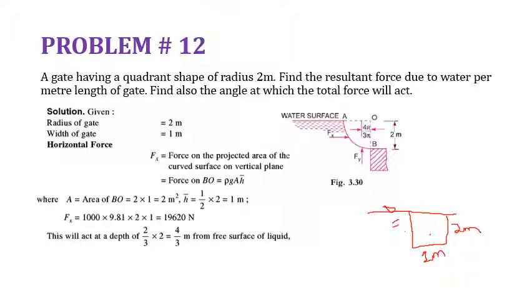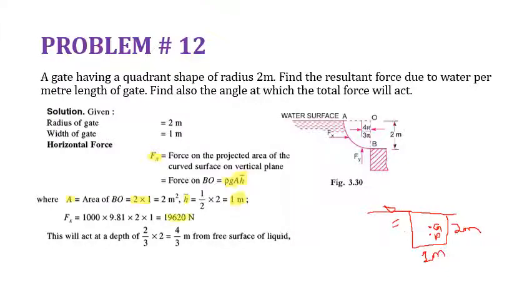And this is G point, and G will be 2 by 2, which is 1 meter, and P is the point where this Fx force acts. And this Fx is given by this formula, and the area will be 2 into 1, and H dash is 1 meter.